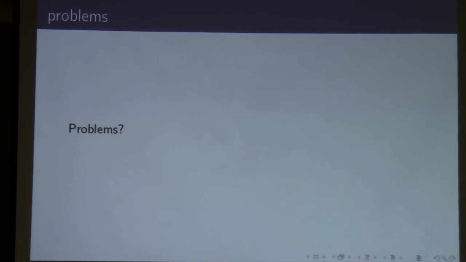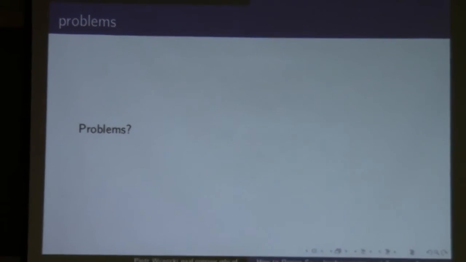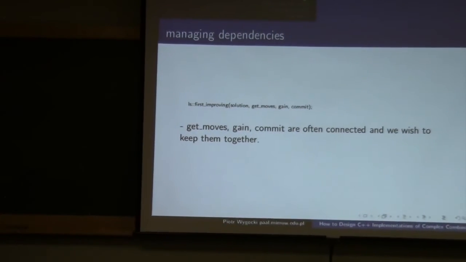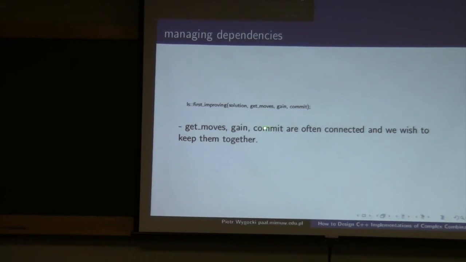Okay, so what are the problems with this design? The problem is that these three functors might be dependent, and the worst case is that, for example, this commit functor assumes that we used some specific gain functor.